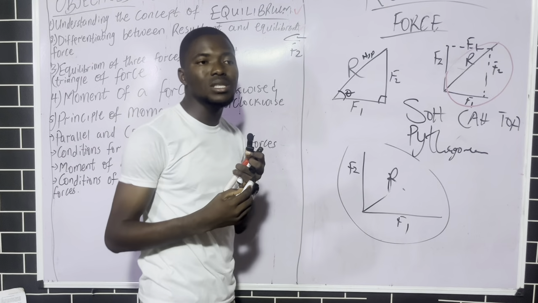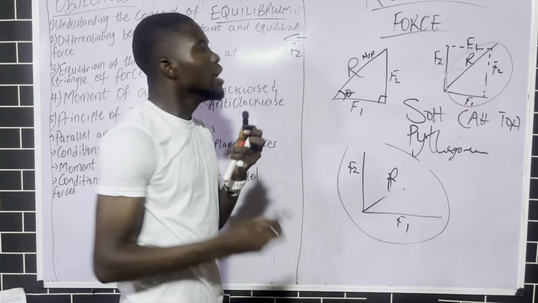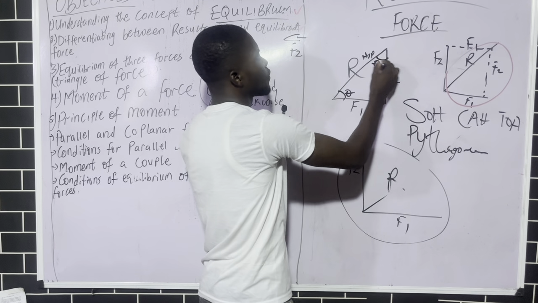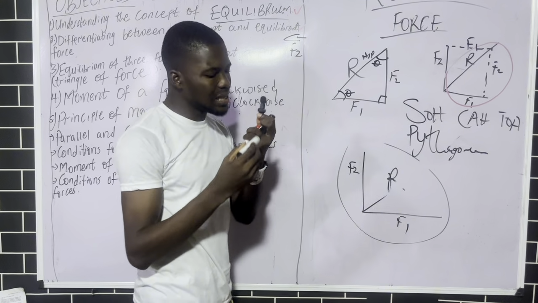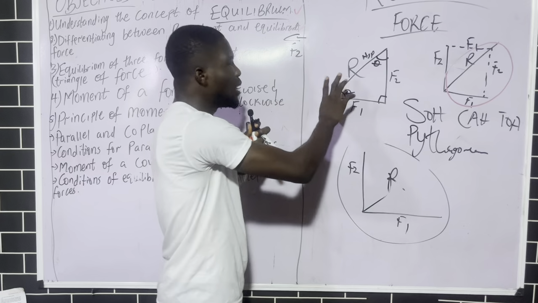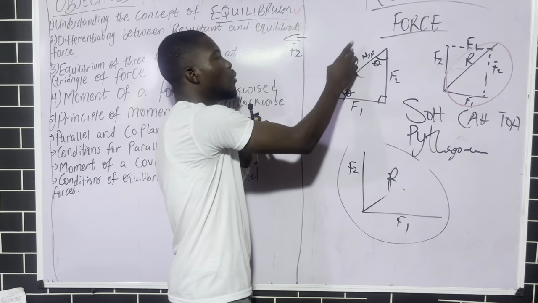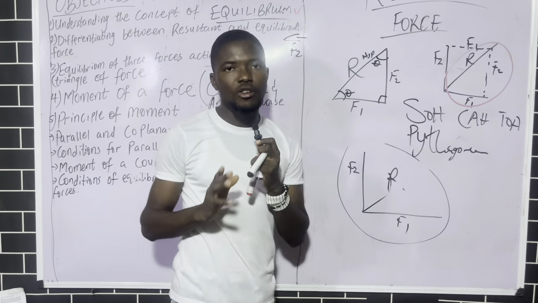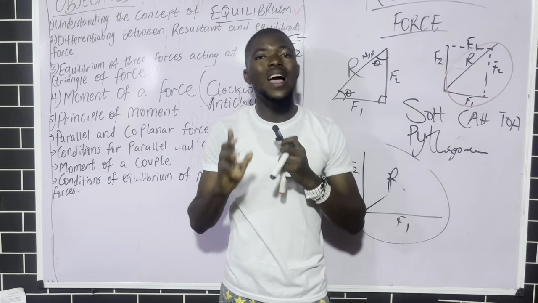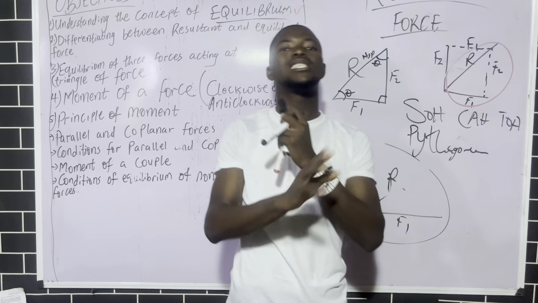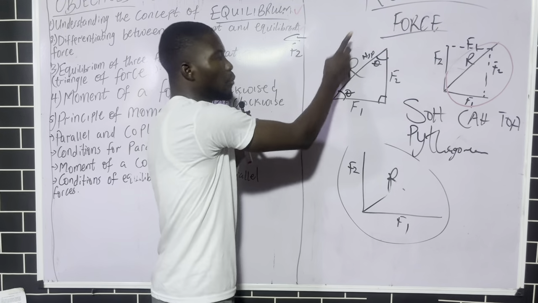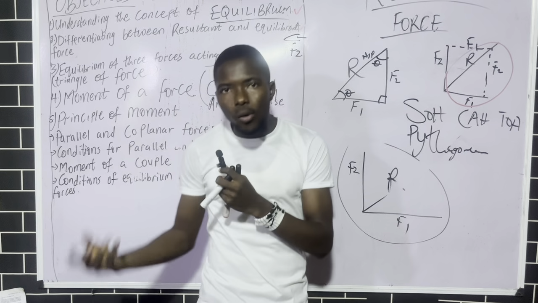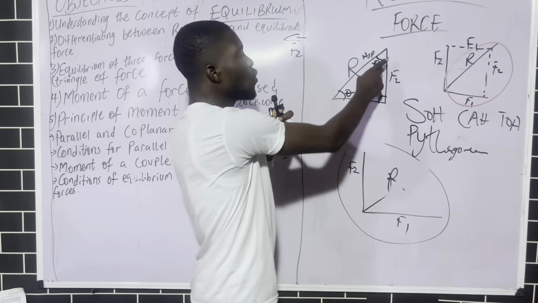Many of us don't know how to get opposite and adjacent, but I'm teaching you now. Opposite and adjacent do not have a particular place in a right angle triangle. It is only the hypotenuse that has a particular place. When you say a right angle triangle, the first thing you do is locate the hypotenuse. The hypotenuse is the longest side. Then if you want to know opposite and adjacent, it is the angle that will tell you.